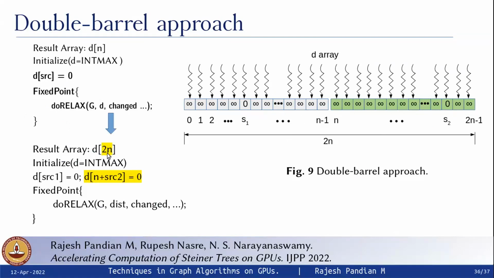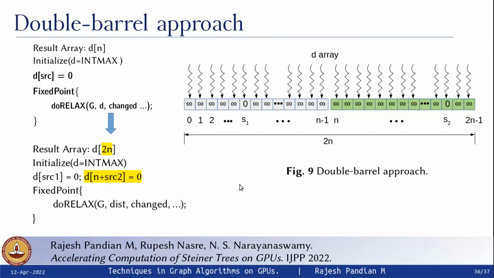We use a distance array of size 2n, where the source corresponding to source 1 is 0, and n plus source 2 is 0. With no or minimal change to the kernel, we can use the same kernel and perform two SSSPs in parallel. In fact, we have achieved much more than that.